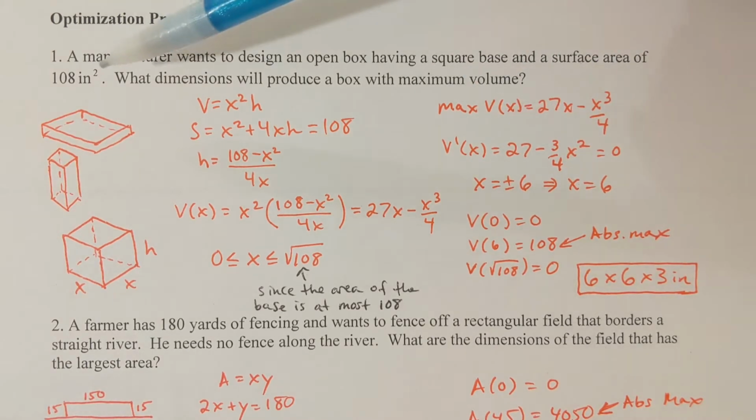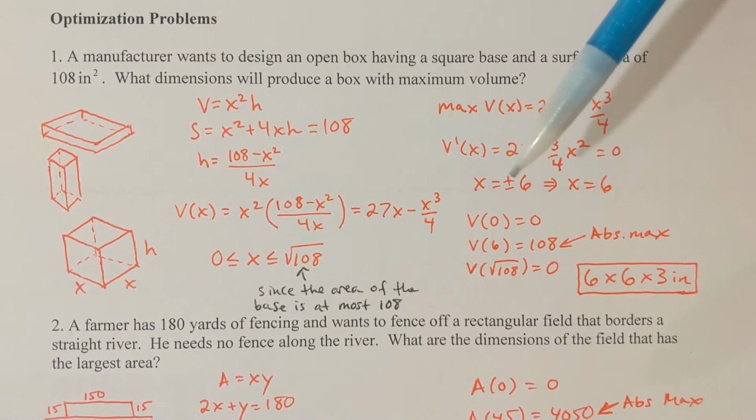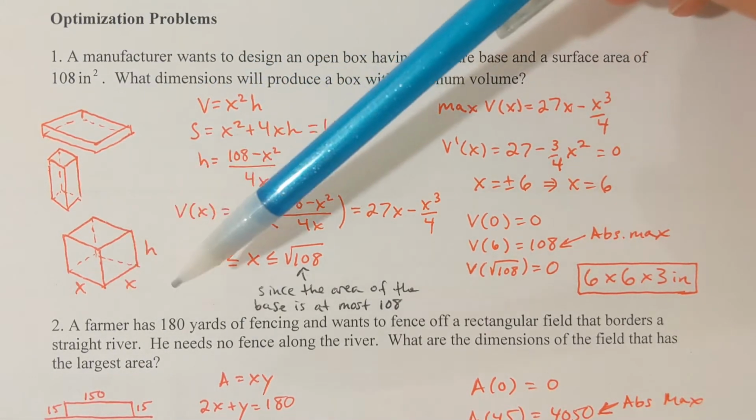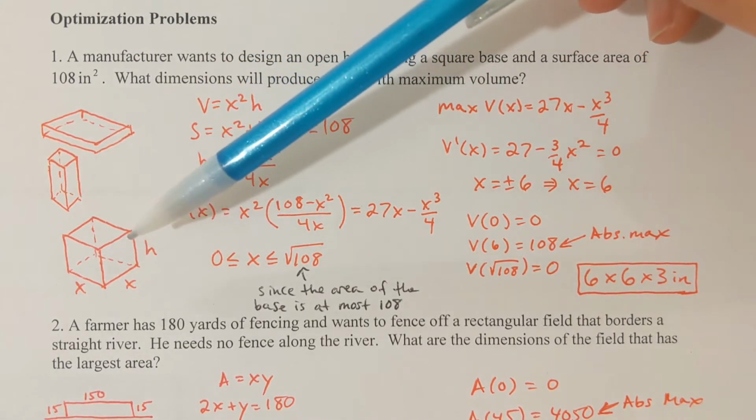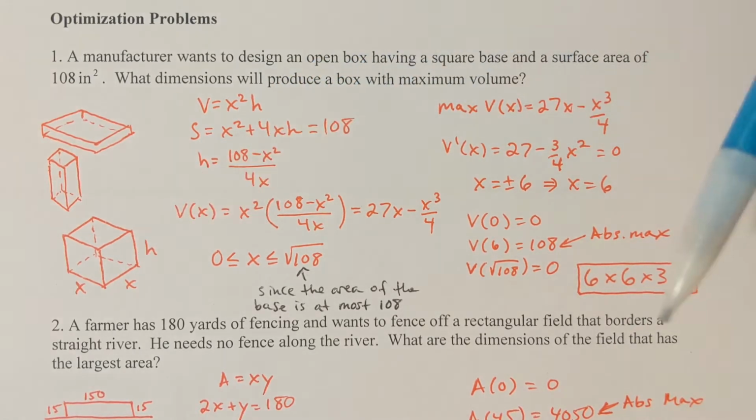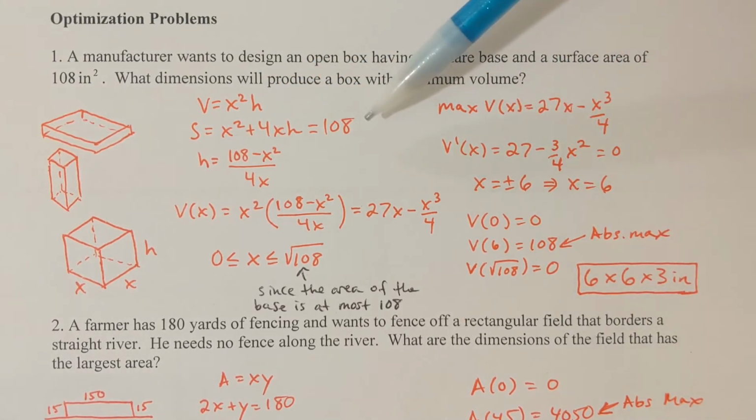Now, the surface area of this box is 108 square inches. Again, the box will be open at the top. So if I take the area of the square base and then add the area of the four faces wrapping around the box, I'm going to get 108 total square inches.